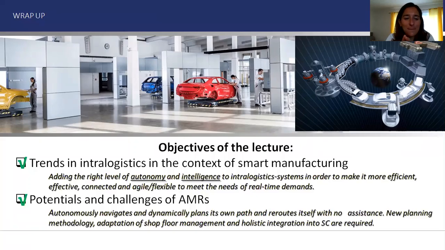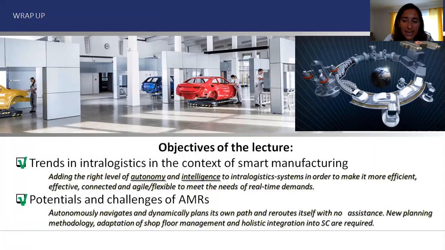We also saw that there is a lot of potential in AMRs, because they plan dynamically and drive autonomously. If something is blocked on the route, they reroute themselves without assistance. If you use them at assembly lines, they might optimize the whole assembly line, which means the flexibility rises quite a lot.